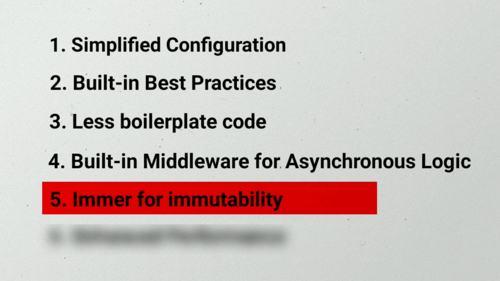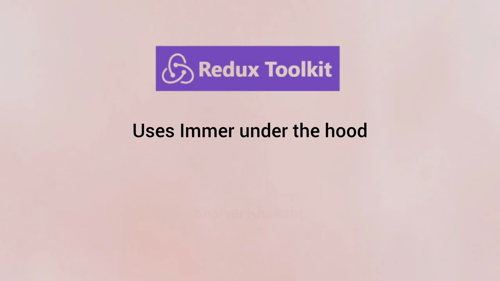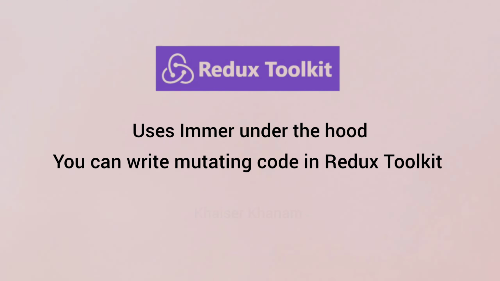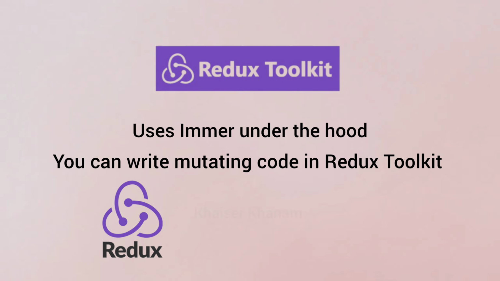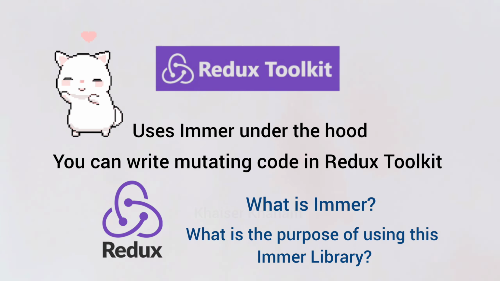Then fifth reason, Immer for immutability. Redux Toolkit uses Immer under the hood, so you can write mutating code in reducers without actually mutating the state. And in our Redux course, we have already understood what Immer is and what the purpose of using this Immer library is. So using Immer makes our reducers more concise and easier to understand.